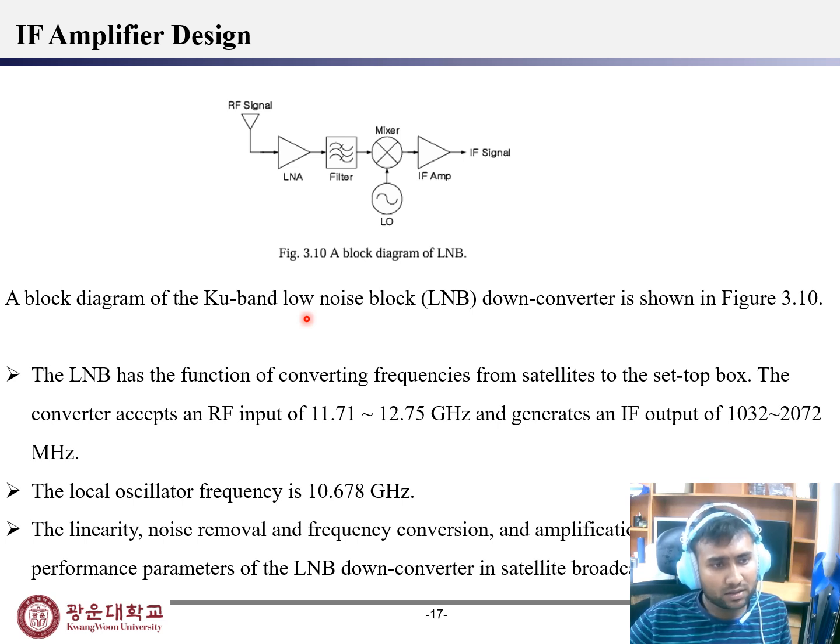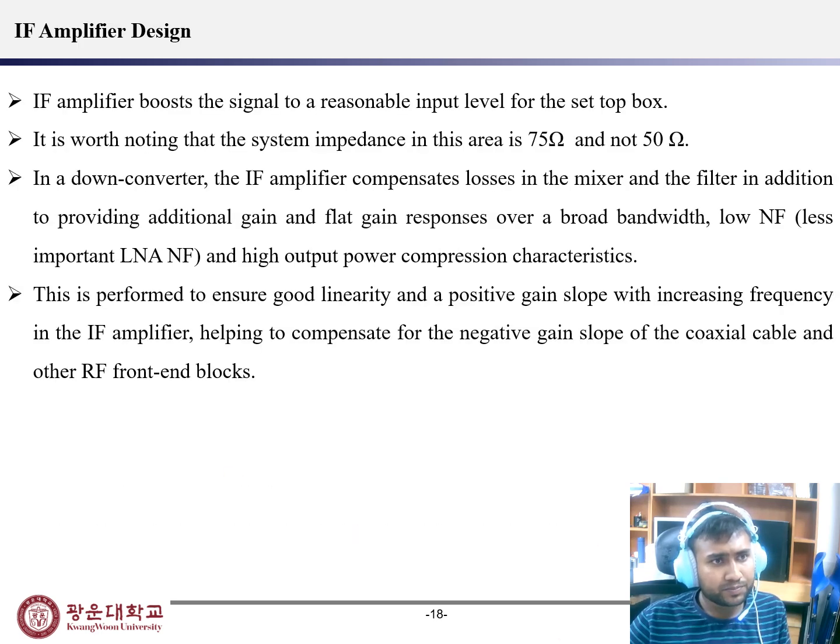The converter accepts a radio frequency input of 11.71 to 12.75 GHz and generates an IF output of 1032 to 2072 MHz. The local oscillator frequency is 10.67 GHz, and the linearity, noise removal, frequency compensation and amplification are the performance parameters of the LNB down converter in satellite broadcast.